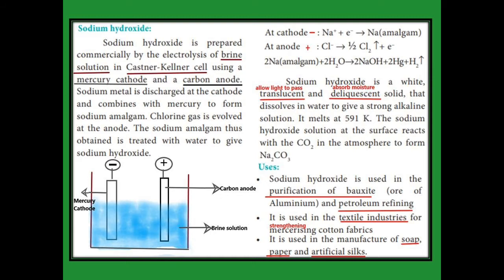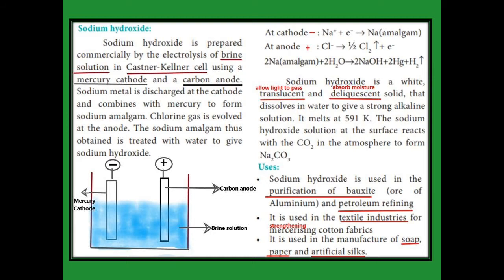Na amalgam means sodium amalgam. And at the anode, the sodium chloride splits as Na+ and Cl-. Na+ goes to the cathode, and Cl- goes to the anode, because the anode is positive. So the Cl- is attracted by the anode, loses one electron, and forms chlorine gas, Cl2.